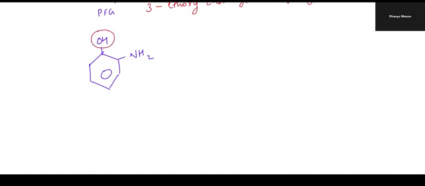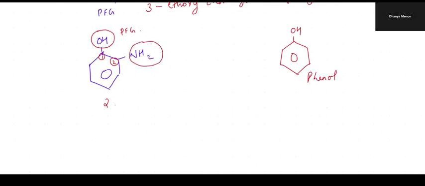And we already learned a while ago that whenever there's a benzene ring with the OH group, the IUPAC name is phenol. So this is given number 1 and this is given number 2 position. So this is the primary functional group. When NH2 becomes the substituent, we call it amino. So 2-amino phenol.